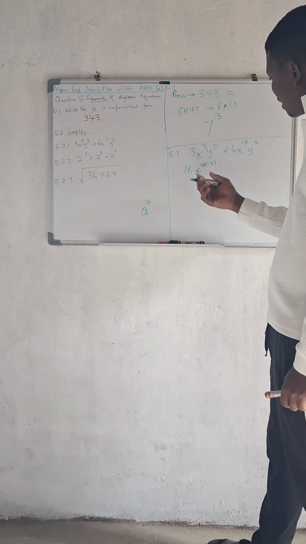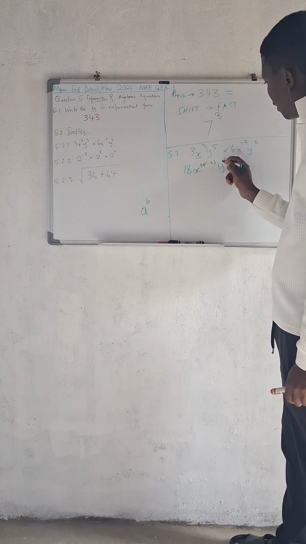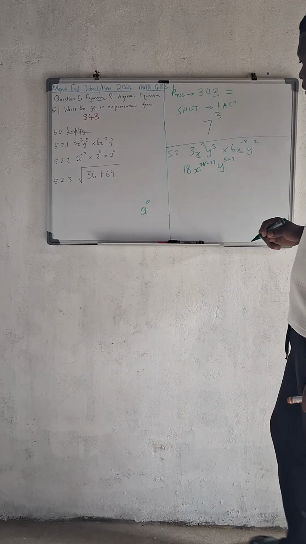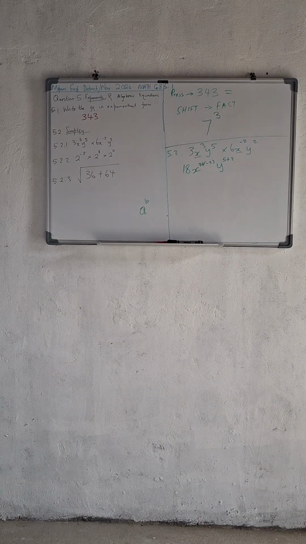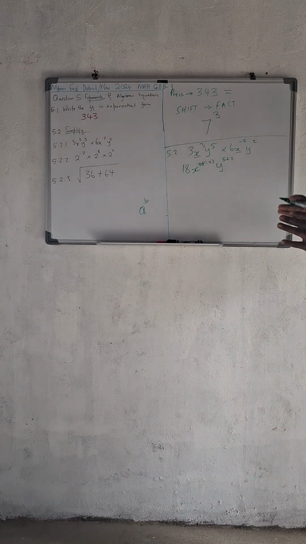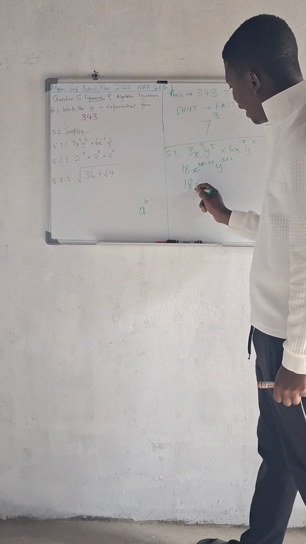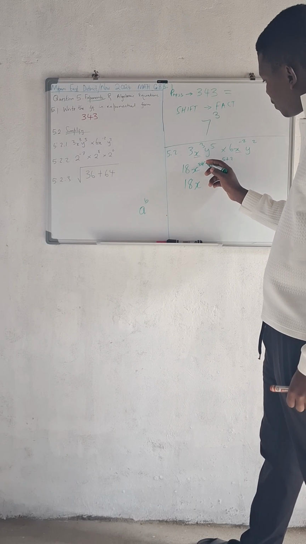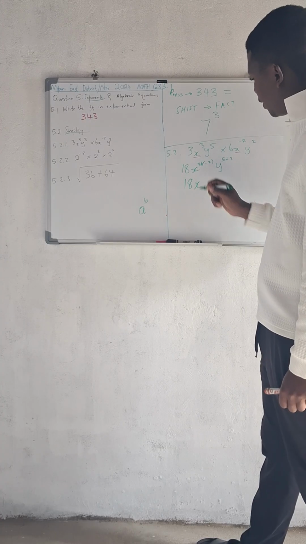So I'm done with x. Let me go to y. With y, again, I have an exponent of 5. Then I need to add the 2. So no bracket because 2 is positive. So now all I need to do is to simplify. So 18x to the power of 3 plus negative 2, that is 3 minus 2, which is 1.